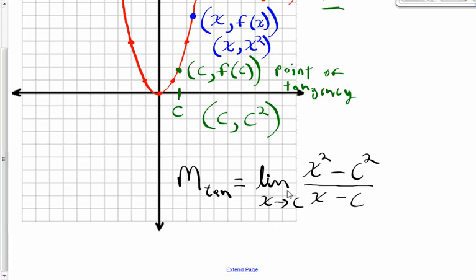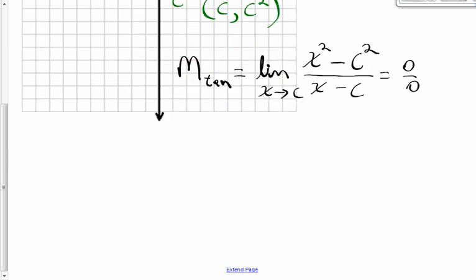Well, if we plug c in right away, we get 0 over 0. So what we want to do is factor this, because we have two polynomials. The numerator of this fraction is a difference of squares, so I can factor it as x plus c times x minus c.